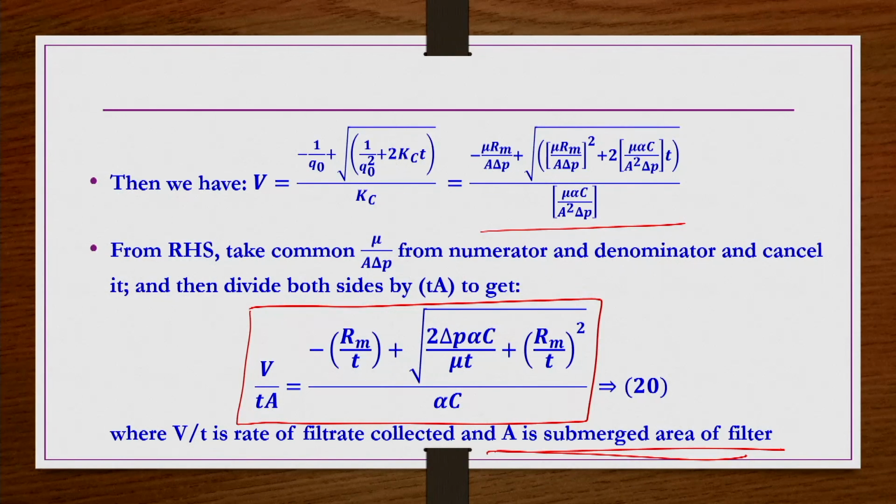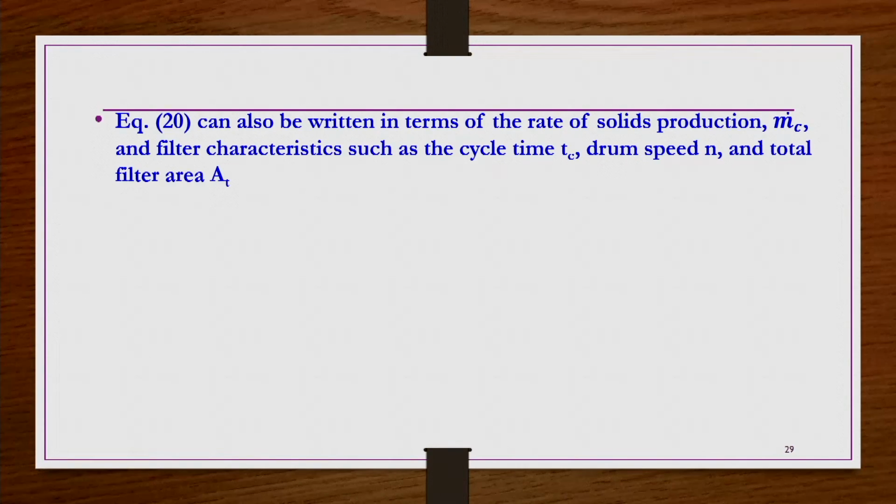Whereas in the case of batch filtration, the entire surface that is exposed for separation of slurries into liquid and solids, that entire area of the filter medium is taken as the area. But in the case of continuous filtration, only the fraction of the filter medium area that is submerged in the slurry is A. So, this equation 20 can also be written in terms of the rate of solids production m dot c and filter characteristics such as the cycle time tc, drum speed N and total filter area At.